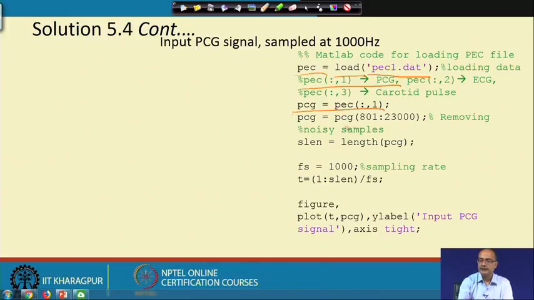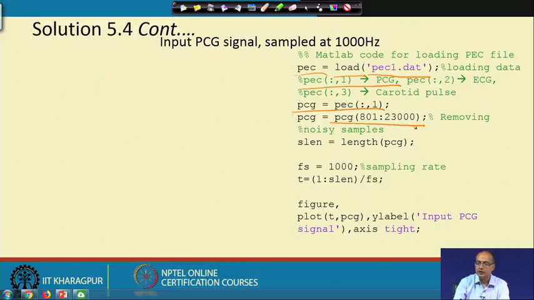We take the samples from 801 to 23,000. We remove some part at the beginning to avoid some noisy samples, okay.